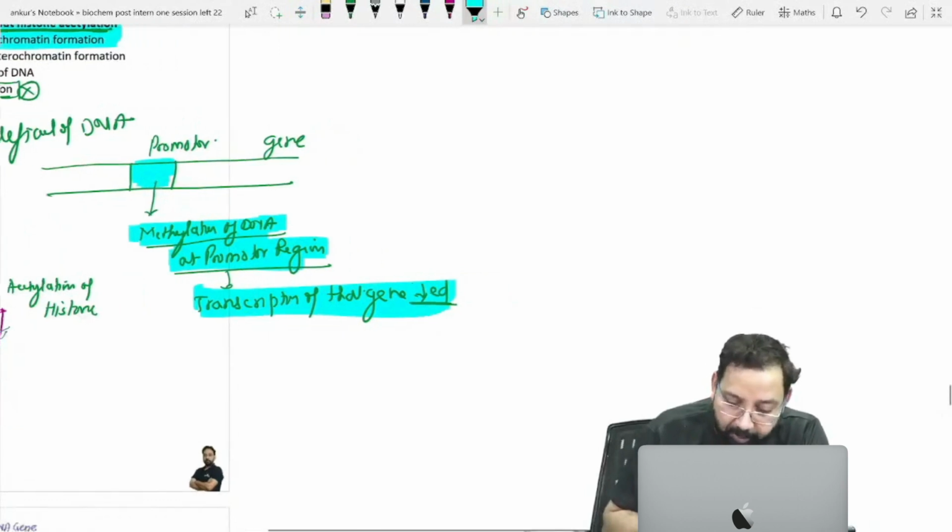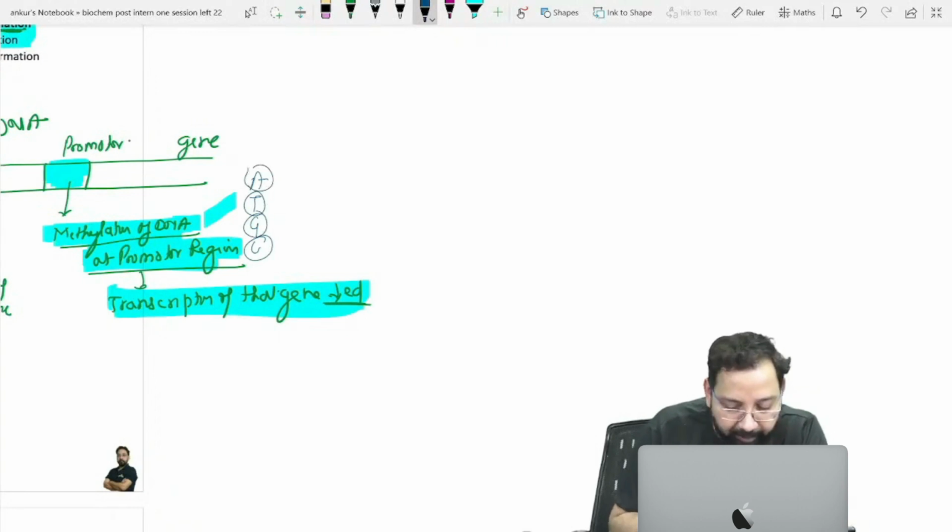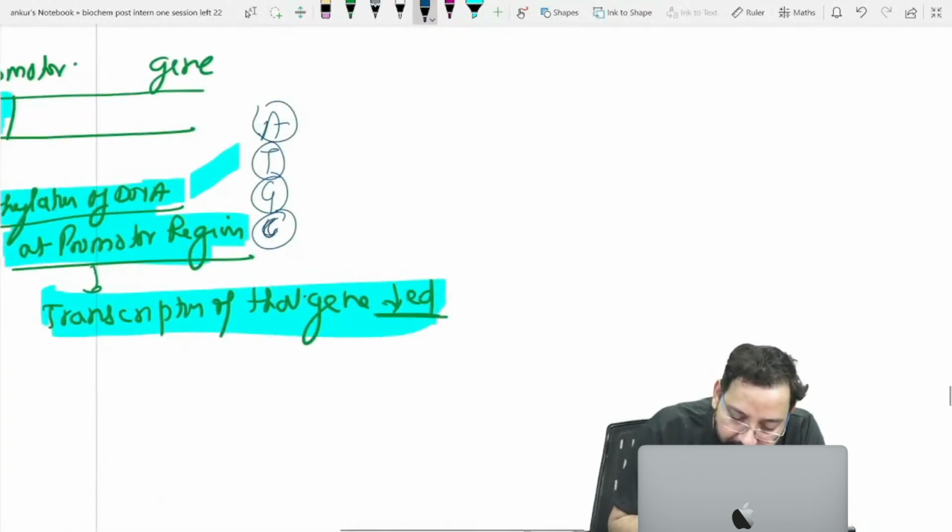A question is asked: in DNA there are A, T, G, C, so which nucleotide is methylated? Cytosine is methylated.